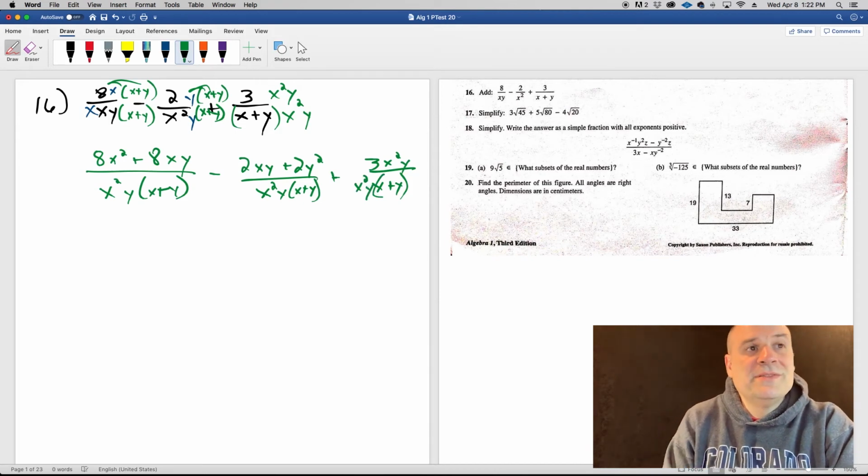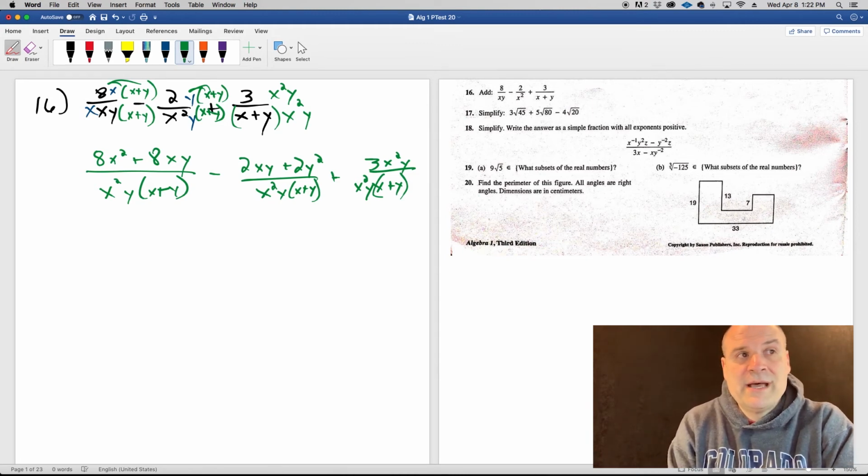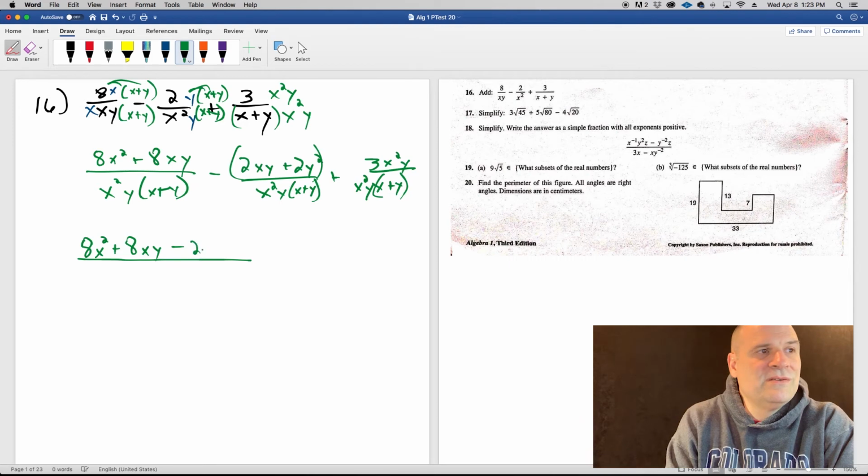Okay, so this is 3 separate fractions still, but they all have the same denominator. So we can add them all together. So this is 8x squared plus 8xy minus, remember you're subtracting both of these. So you're subtracting 2xy and you're subtracting a 2y squared plus 3x squared y, all over that same denominator.